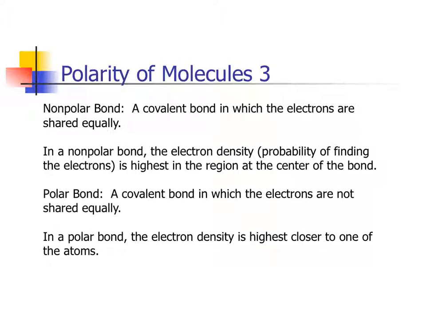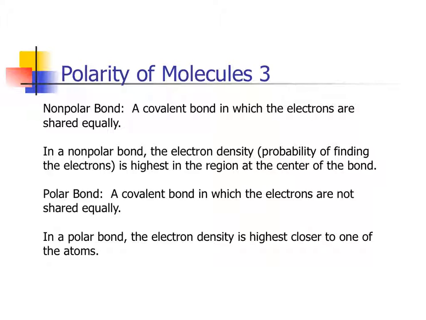So, what does this mean to us? Well, it adds a little bit of something to it called polarity. Non-polar bonds versus polar bonds. What does this mean for us here? Well, what we're looking at is whether or not something can pull more than the other.